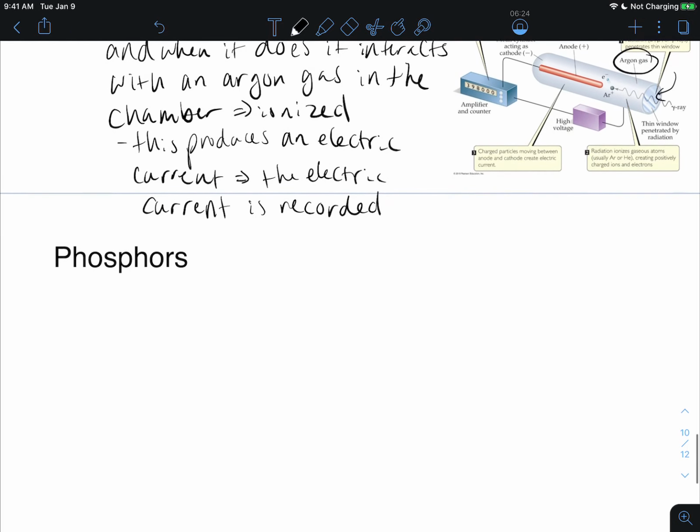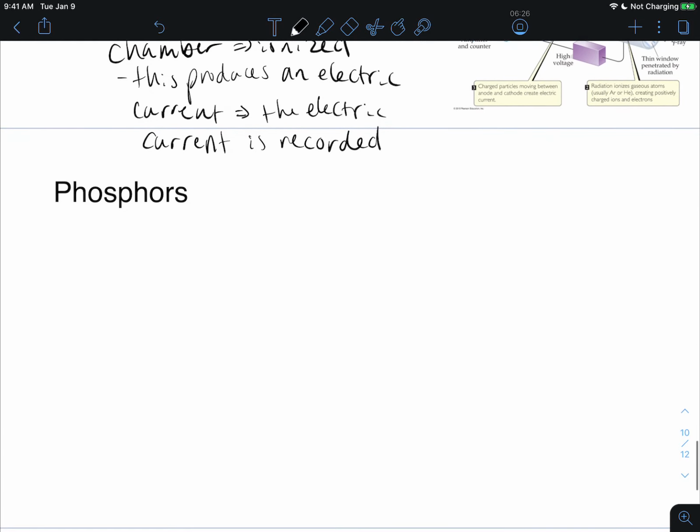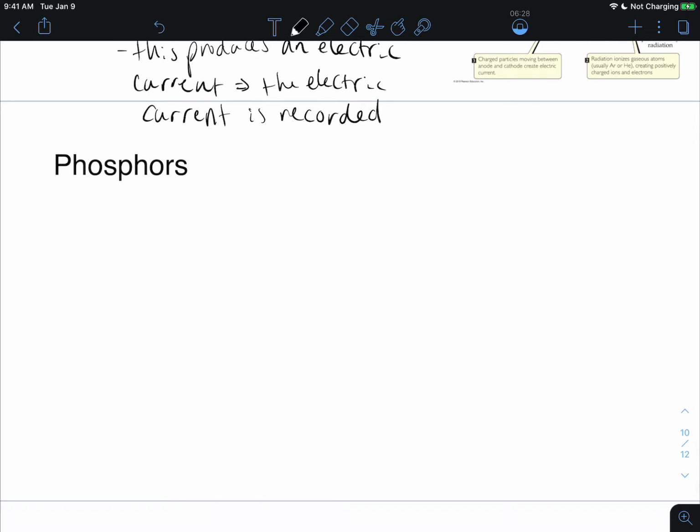Okay. Next thing we want to look at is phosphors. Phosphors are a substance that emits light when absorbing radioactivity.